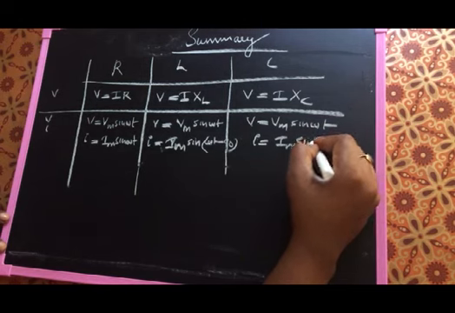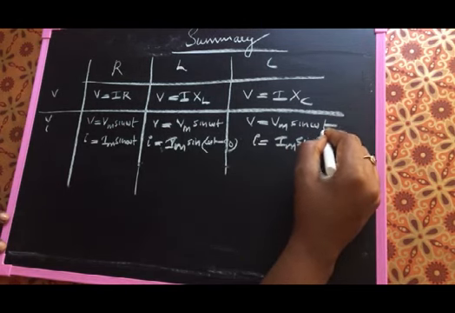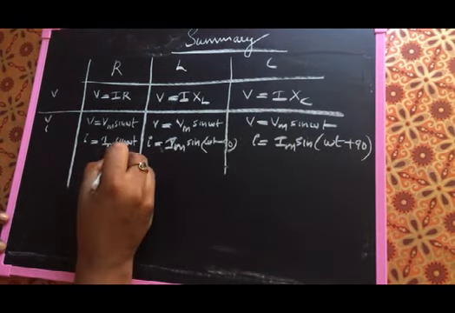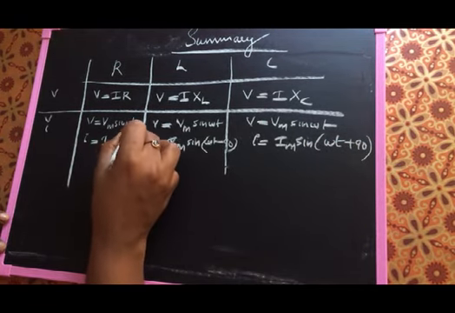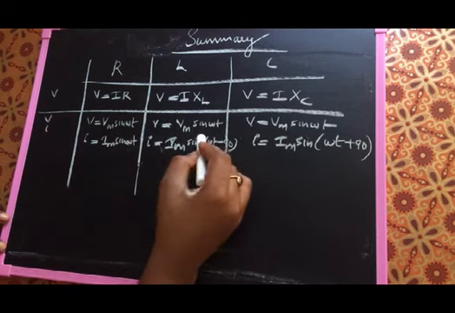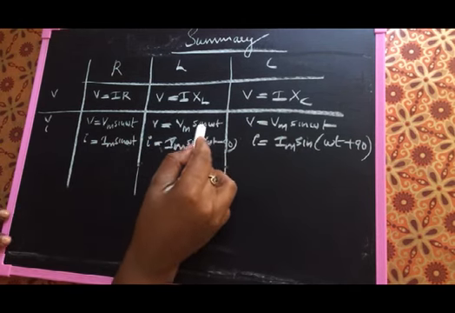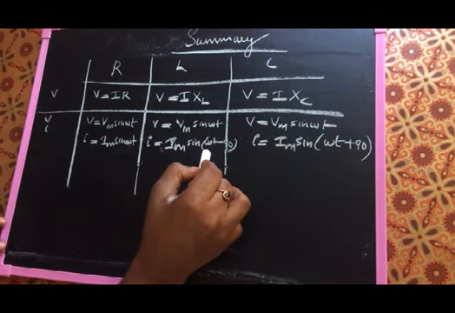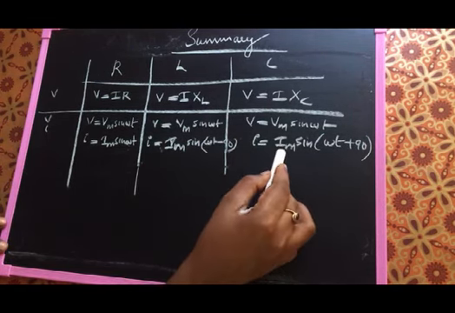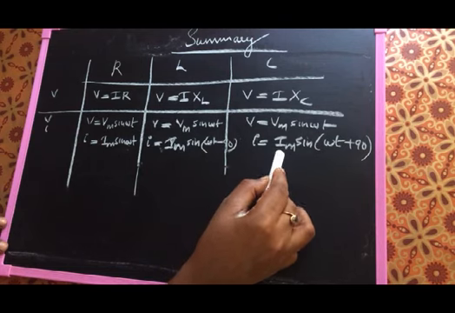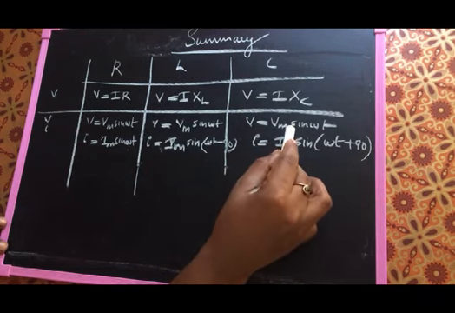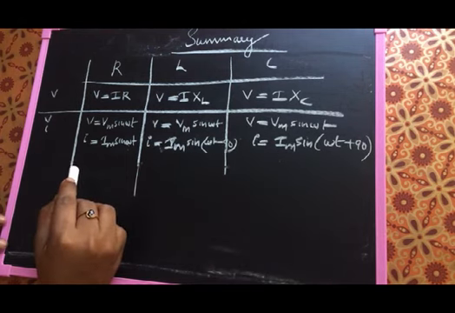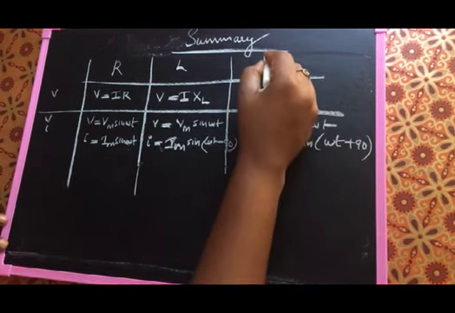The current leads voltage, that is plus 90 degrees, Im sin omega t plus 90 degrees. So in the first case, both are in phase, omega t and omega t. In the second case, current lags voltage by an angle of 90 degrees, and in the third case, the current leads voltage by an angle of 90 degrees.